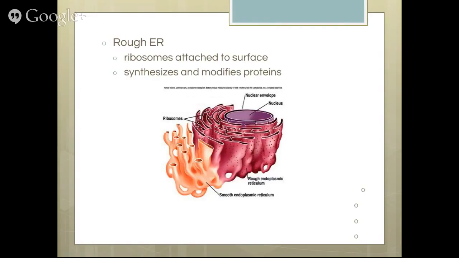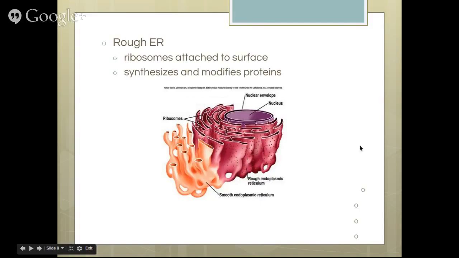That's how the rough ER gets its name. It's going to be responsible for synthesizing, modifying, and shipping proteins. Those ribosomes can attach to the rough ER and make those proteins, and then the proteins move within these passageways that make up the endoplasmic reticulum through to different parts of the cell.